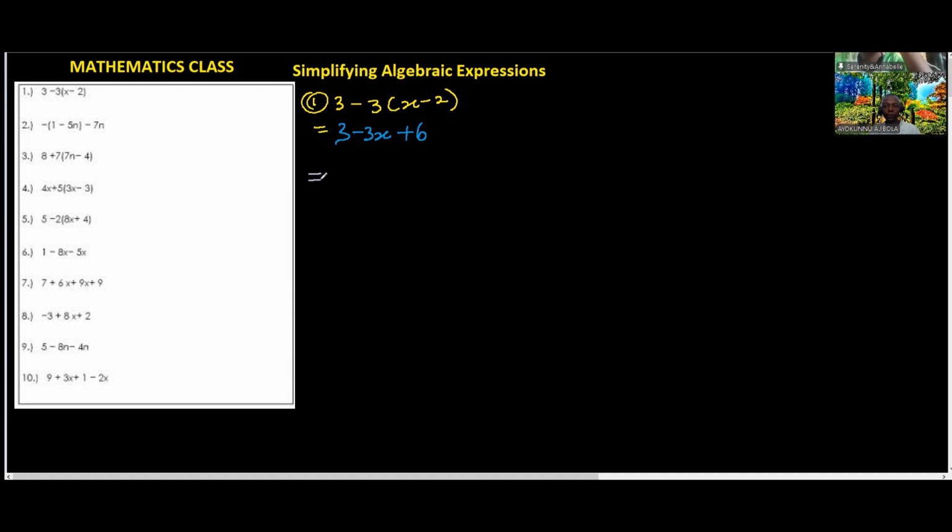So we combine the two numbers. We have negative 3x, positive 3, positive 6. So this will be negative 3x plus the 3 plus 6, which is going to give us 9. And this becomes our final answer. Is this clear to you?